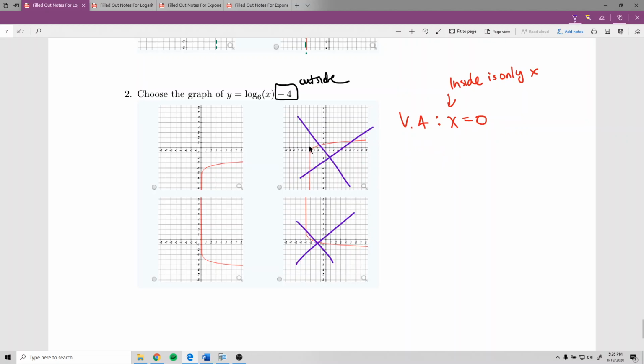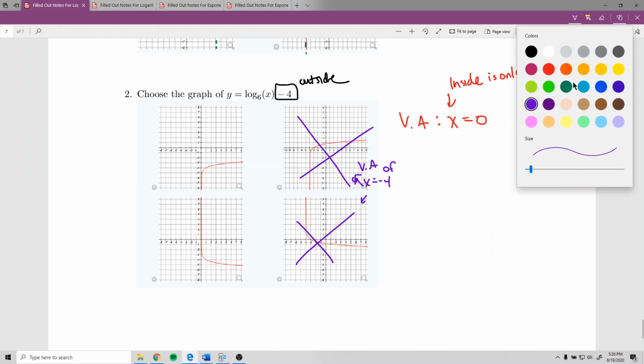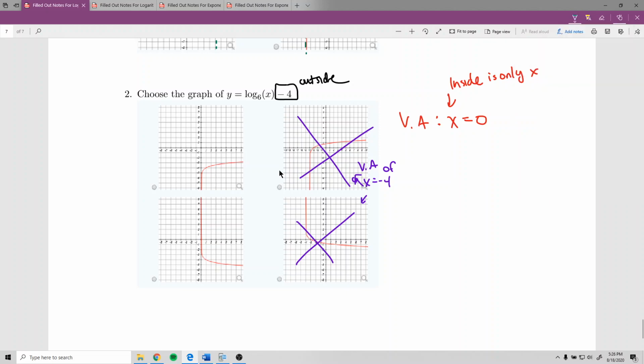The two on the right are both incorrect. This one has vertical asymptote -4. Actually, both of them do. And that's why they're trying to mess you up with a -4 here. So it doesn't match that. But once you get the vertical asymptote down, once again, just look at the two choices remaining and you'll be able to narrow it down by the base.